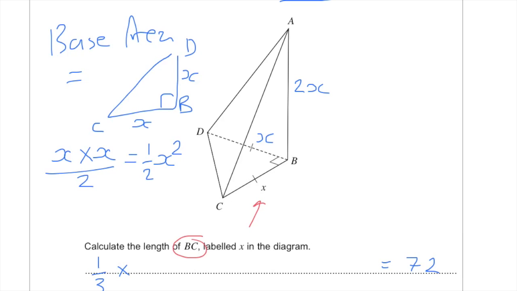So in our formula here, we can do 1/3 multiplied by half x squared multiplied by the height, which is equal to 2x, and all of this must come to a total of 72.